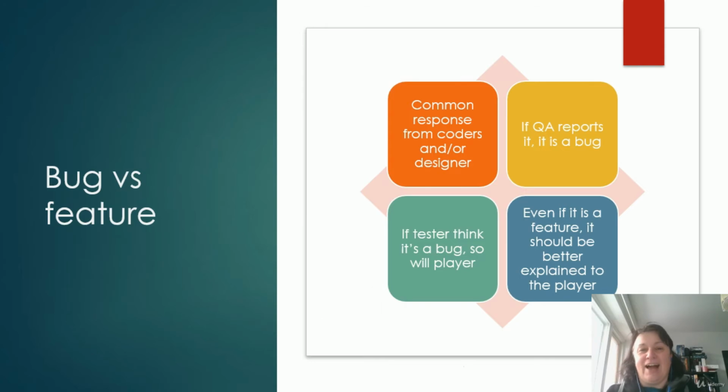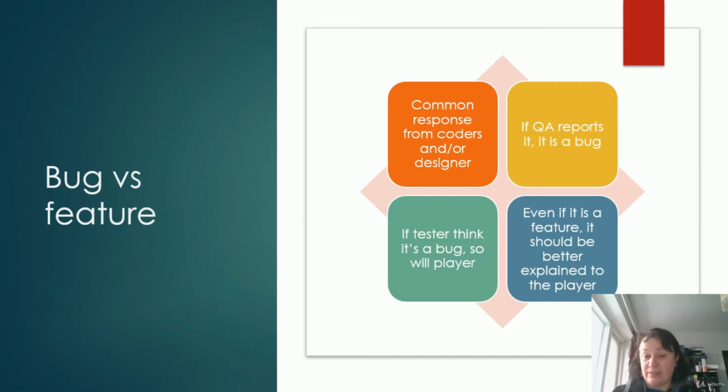I'm pretty harsh about it. It's basically if QA reports a feature as a bug, it's a bug. If a tester thinks that a feature is a bug, what do you think the end player is going to think?